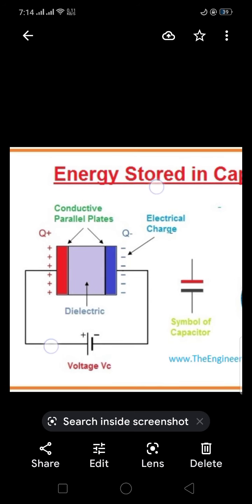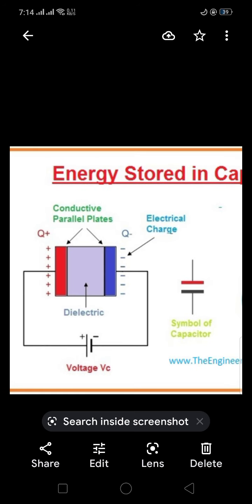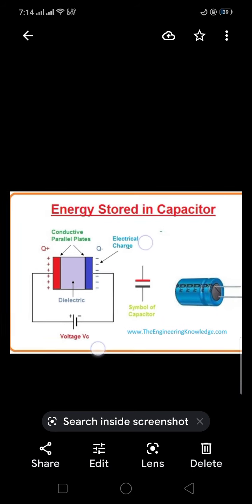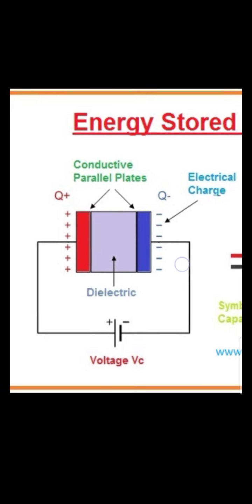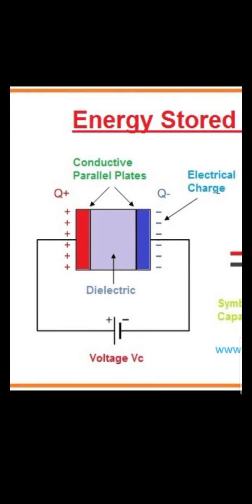The simple formation, or mechanism, of the capacitor is this. How it stores energy inside the capacitor, we can also visualize with the help of this figure. There are two parallel plates, and inside them there is a dielectric. Dielectric means something like water, air, or glass, which helps to store the charge.